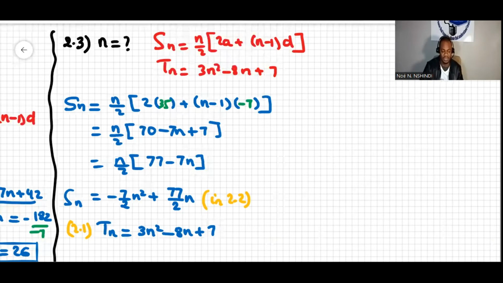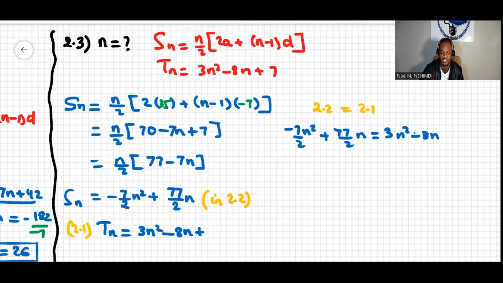We're going to make 2.2 equal to 2.1. Now this will be -7 over 2 n squared plus 77 over 2 n equal to 3n squared minus 8n plus 7.